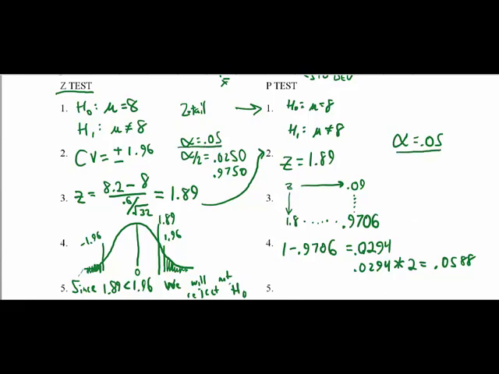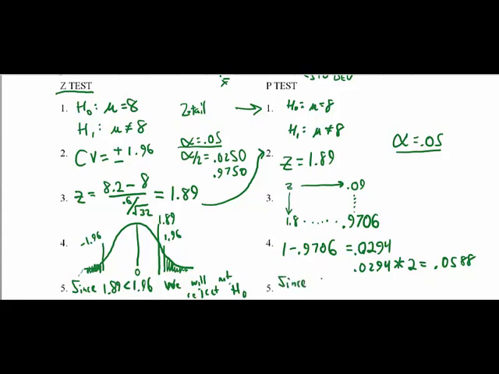Now it's true I did chop that in half to get that on my z-chart, so this doubling is doing the same kind of compensation, more or less. I mean, it will give us the right result here because 5.88% is greater than 5%, so we will not reject the null hypothesis.